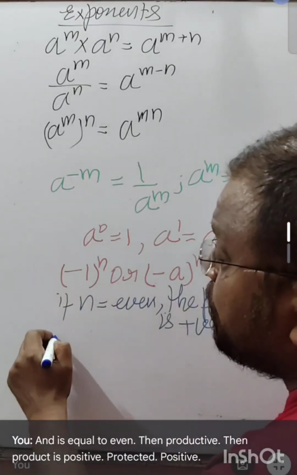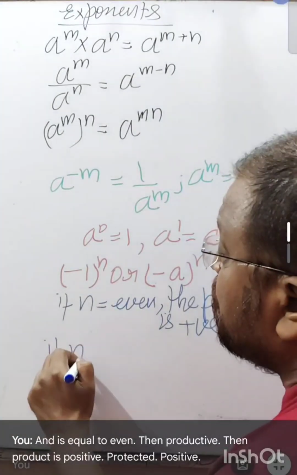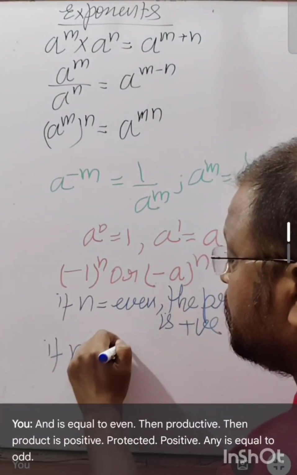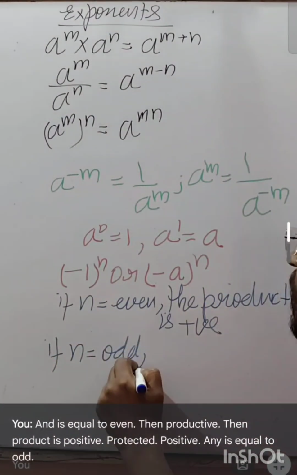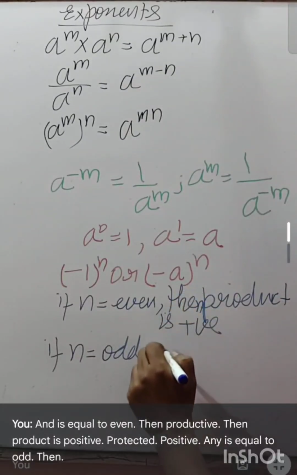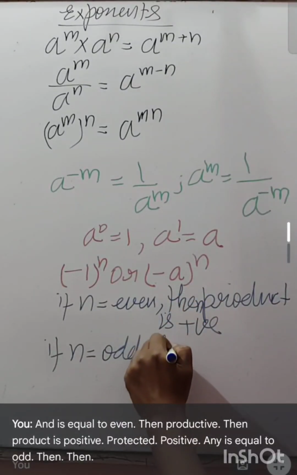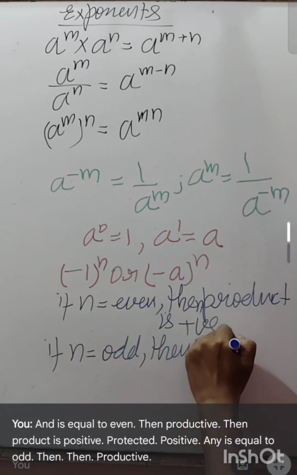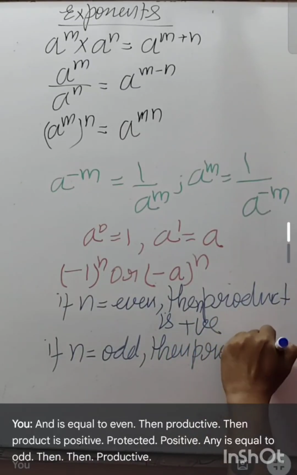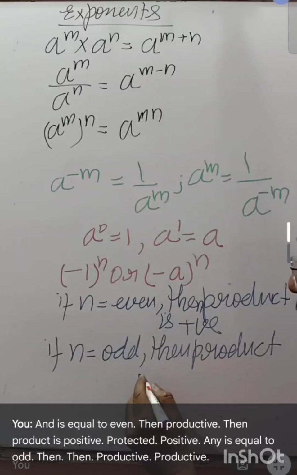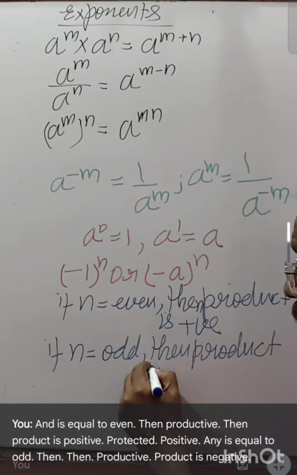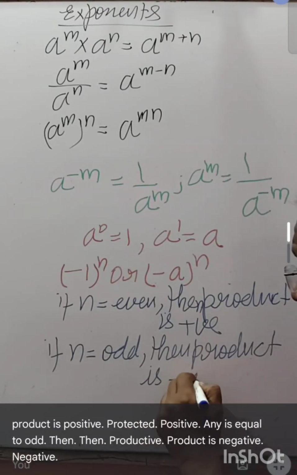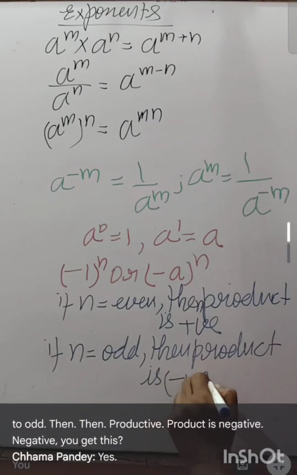And if n is odd, then the product is negative. You get this? Yes, sir.